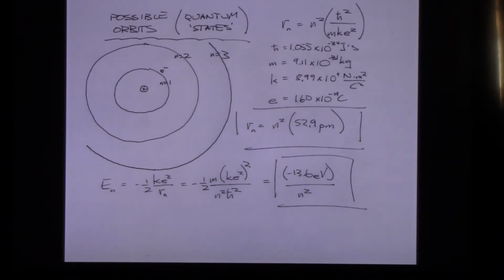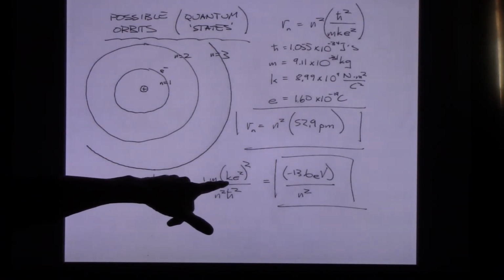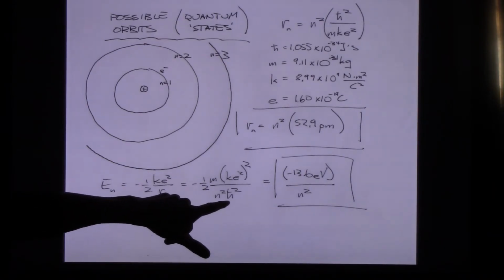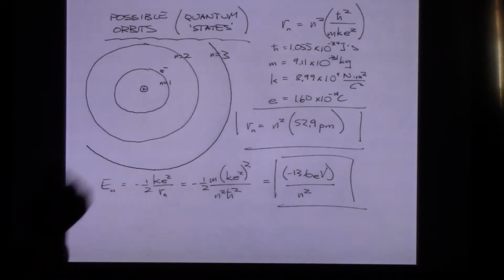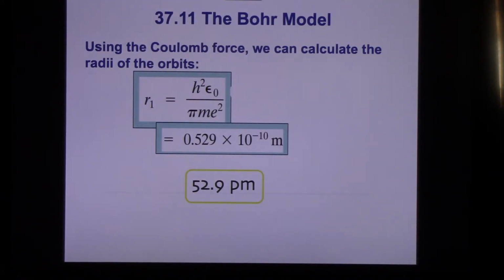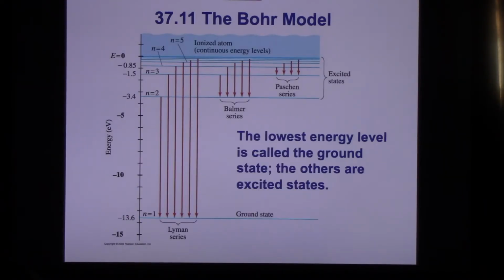Maybe that wasn't such a good idea. This is the electric magnetic force constant. This is Planck's constant divided by 2π. When we plug numbers in, that's the pattern of energy states. So it's pretty impressive that Bohr was able to predict the size of a hydrogen atom.